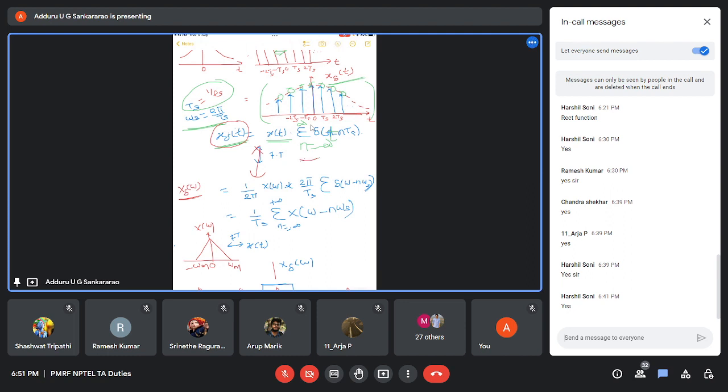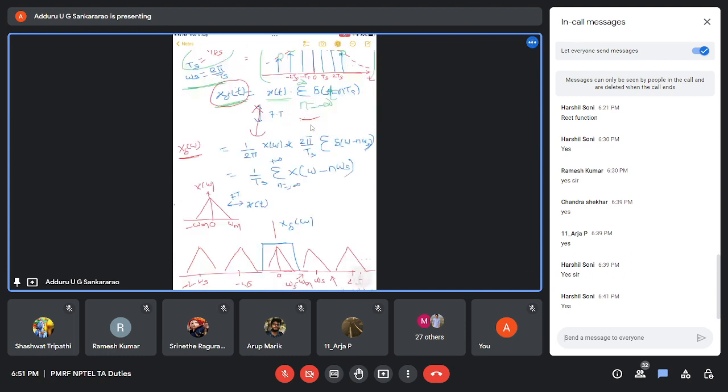So how to find the Fourier transform? You can assume this as two signals: x of t is one signal and the other signal is sigma del of t minus nts. In the time domain it is multiplication, and in the frequency domain it is convolution. I think you know this, right?